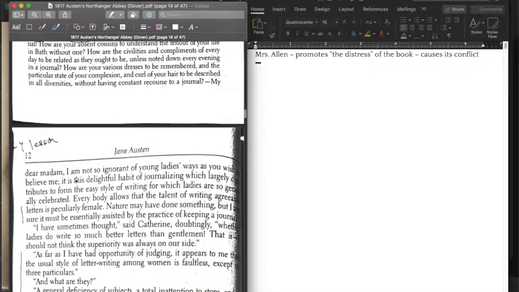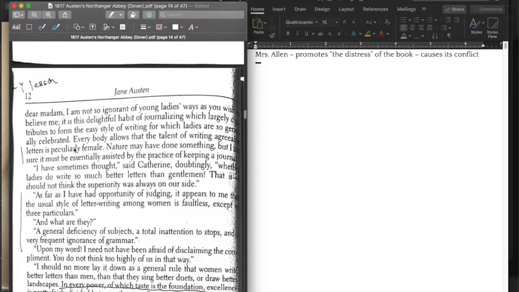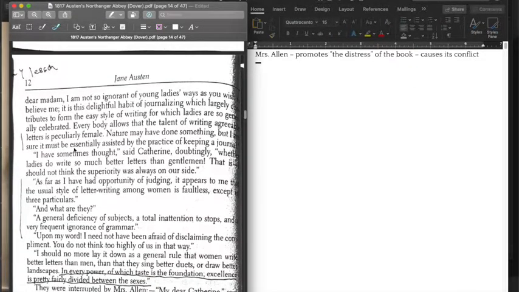Page 12. I am not so ignorant of young ladies' ways as you wish to believe me. It is this delightful habit of journalizing which largely contributes to form the easy style of writing for which ladies are so generally celebrated. Everybody allows the talent of writing agreeable letters is peculiarly female.